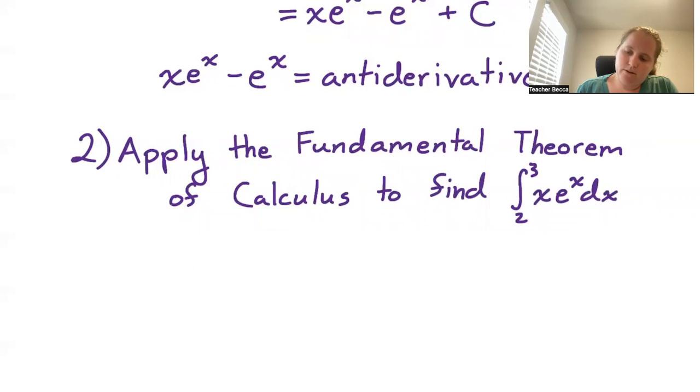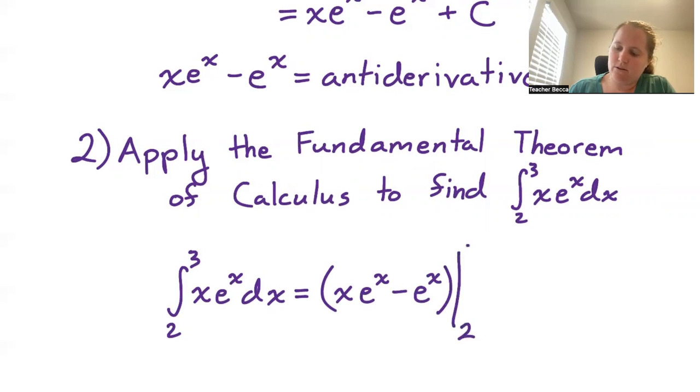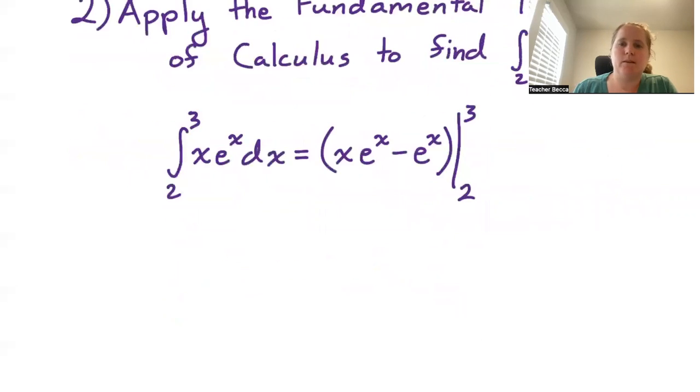So this definite integral from 2 to 3 of x e to the x dx is equal to, we found our antiderivative to be x e to the x minus e to the x. And we will evaluate that at 2 and 3.